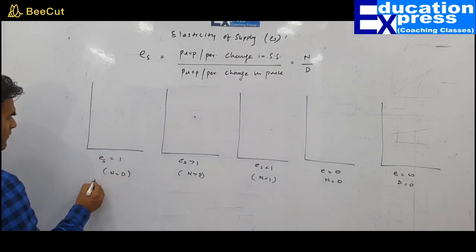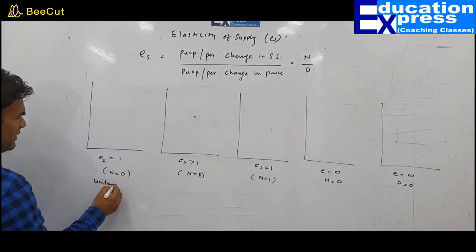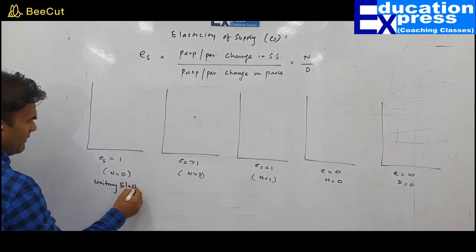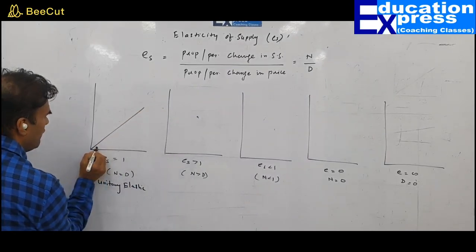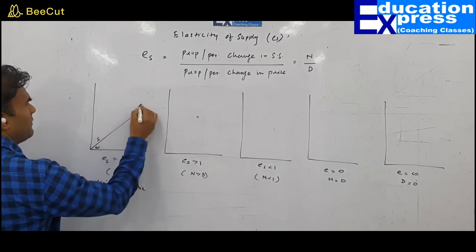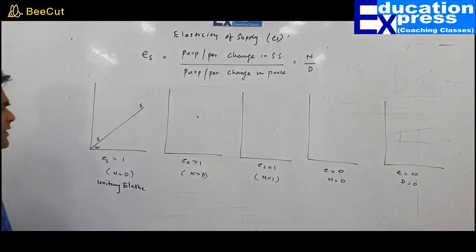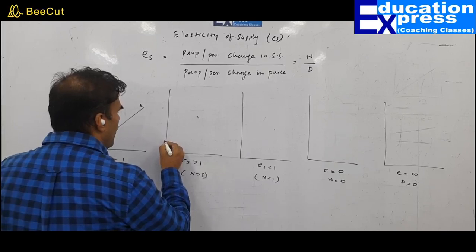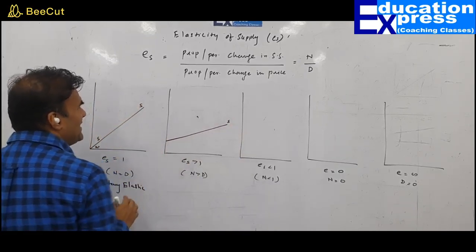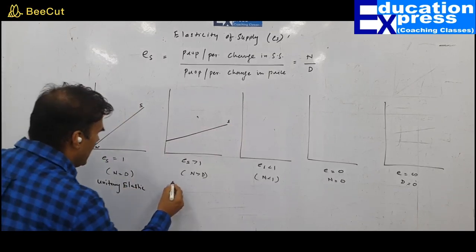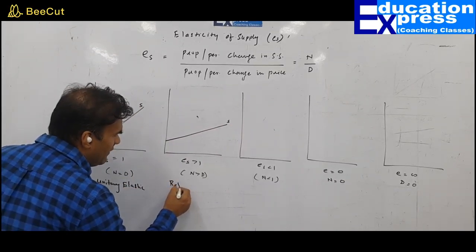E equals 1, unitary elastic. How so? Take 45 degrees, as I told you. This will be your supply. So, E is greater than 1, this is your supply. That means gradual sloping. And what do you call it?